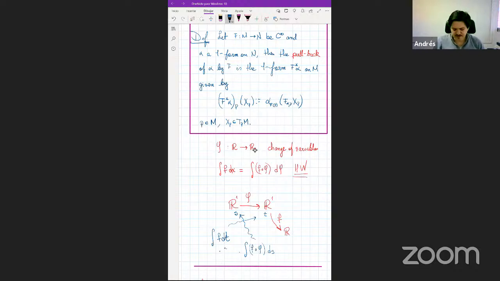But I mean, just with this, you will have an idea. And behind this is the pullback of a one form. And that one form corresponds to this one and this one, under this function. Okay. Right, so let's move on. Are there any questions or comments?